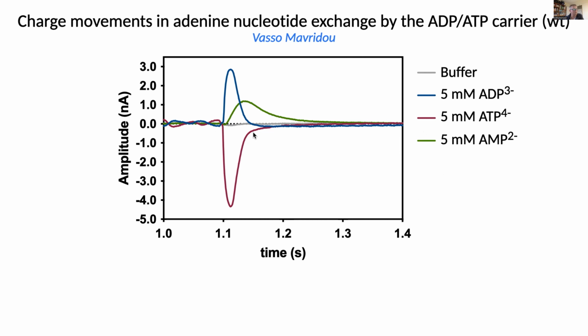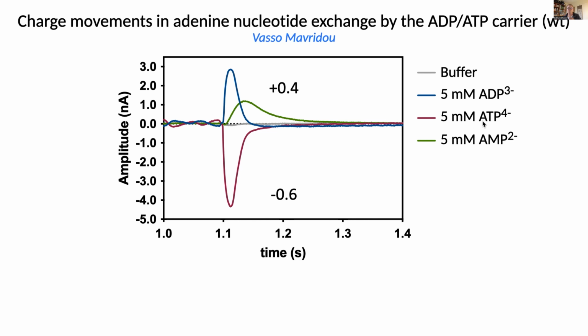And so what you can do is integrate the total surface area underneath the two peaks, and it must represent one charge. You can then divide that one formal charge into the two charges that have moved. What you then get is a positive 0.4 charge movement when you have ADP being transported, and a negative 0.6 charge being moved when you have ATP moving.